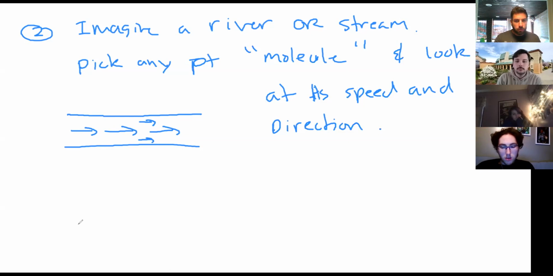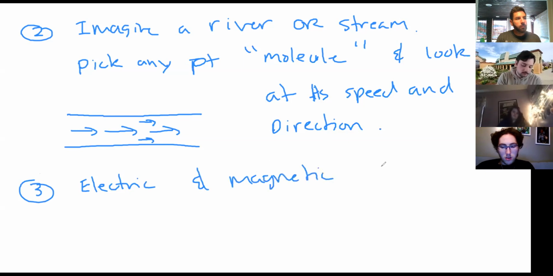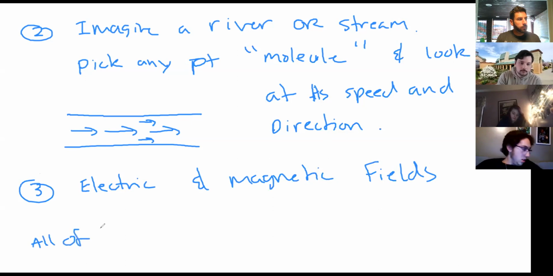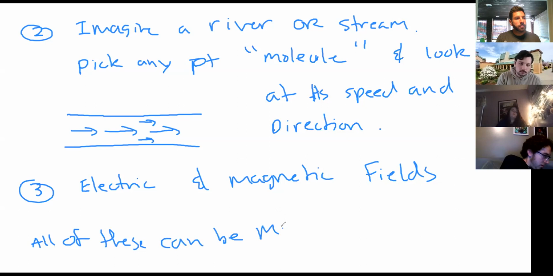So these two things are physical examples, and let me just give you one more from physics. You could say electric and magnetic fields. So all of these can be modeled by vector fields.